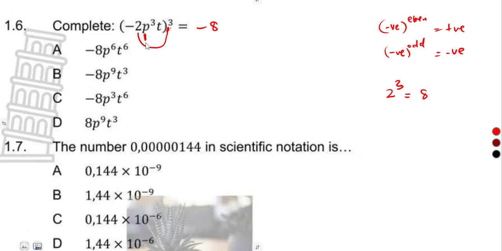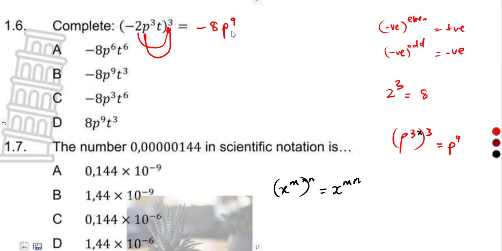P to the exponent of 3 is also raised to the exponent of 3 like this. So remember the concept, guys. x to the exponent of m, raised to the exponent of n, is going to give us x to the exponent of mn. You multiply the exponents. So here you're going to multiply your exponents. 3 times 3, that is going to give us a 9. So that's p to the exponent of 9.